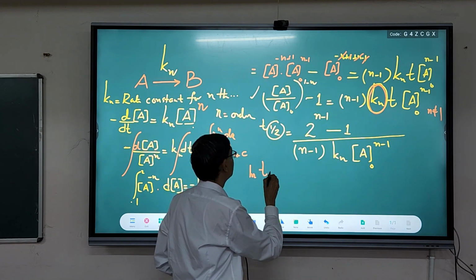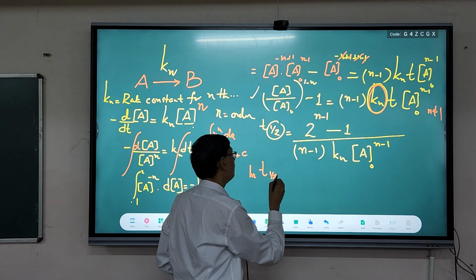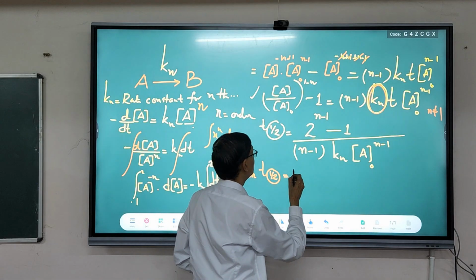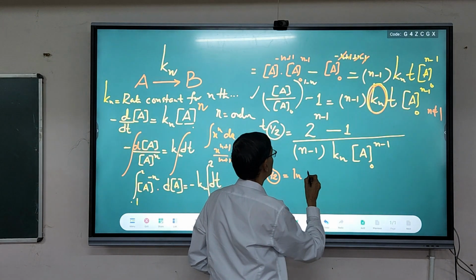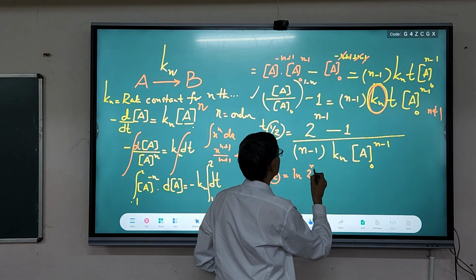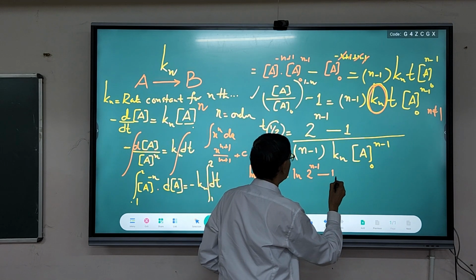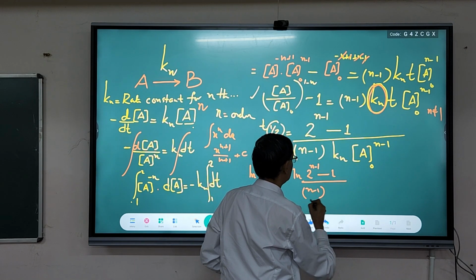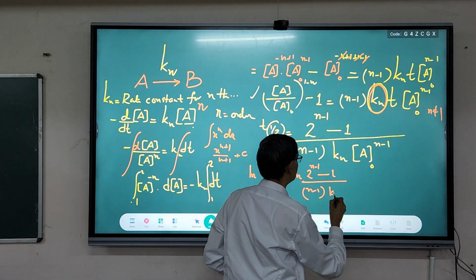T half, in terms of minute or second, is equal to natural log of 2 to the n minus 1, divided by n minus 1 Kn.